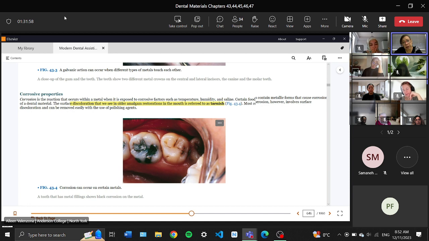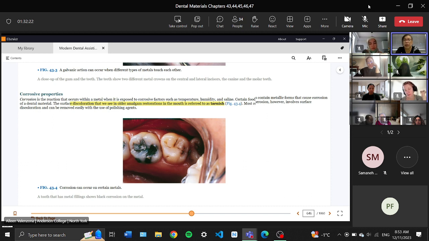So if I ask you about the tooth, if this is 2.6, 2.7, what is the classification for decay of this 2.7? Class 1, class 2? Class 1, because it did involve mesial or distal.